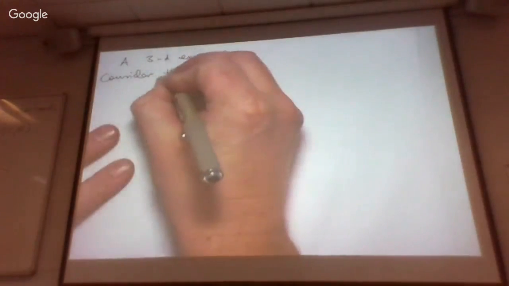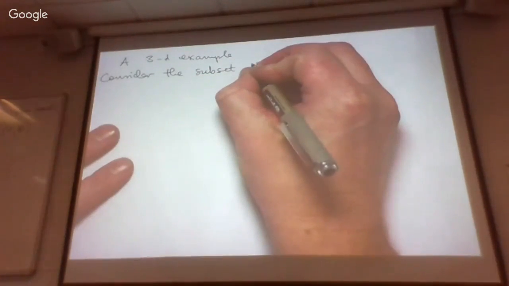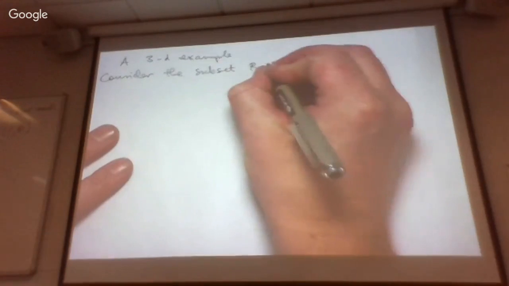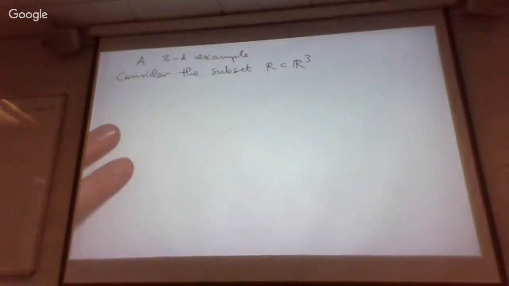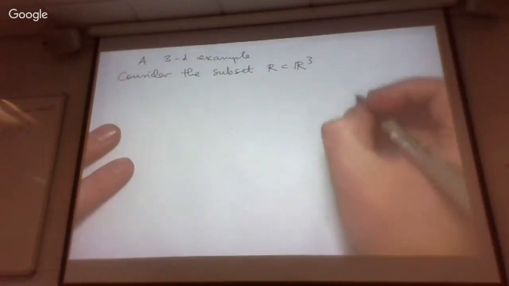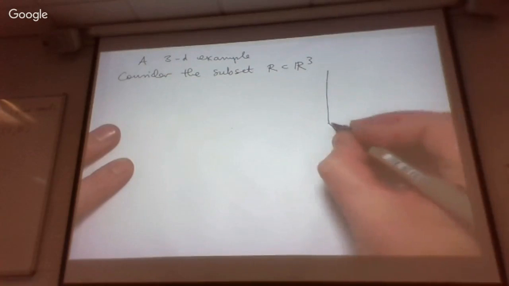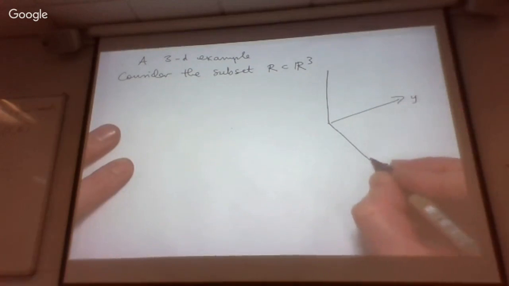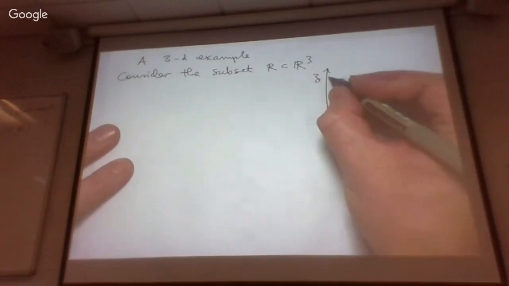So we're going to consider the subset R contained in R3. I'll attempt to make a drawing of it here. And we're going to initially describe it in terms of the Cartesian coordinates.